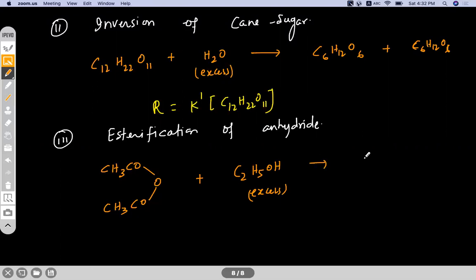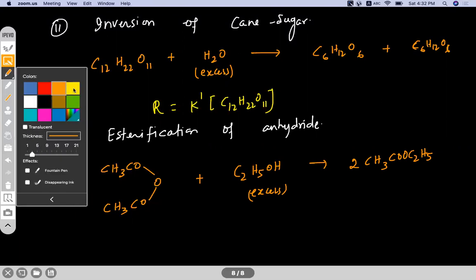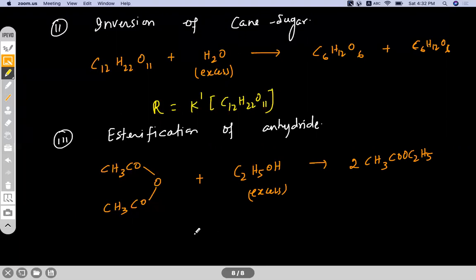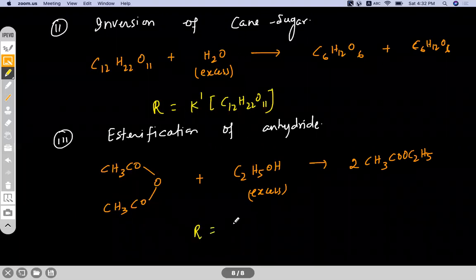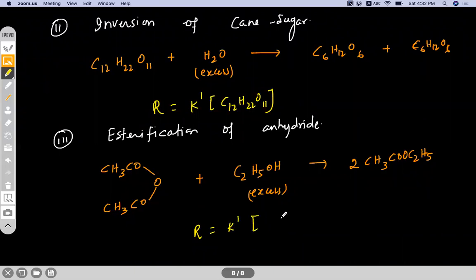So this gives two molecules of ester, CH3COOC2H5. Here the rate expression, like we had in the previous one, rate is K dash into the concentration of anhydride. This is the expression we have.